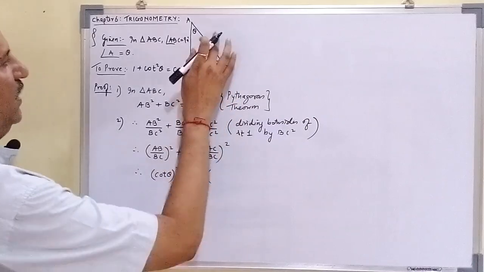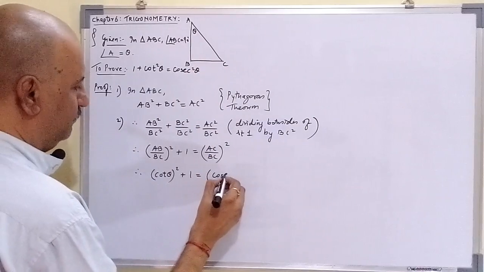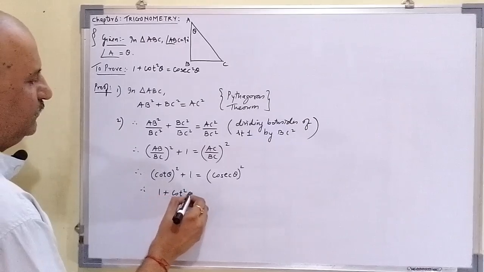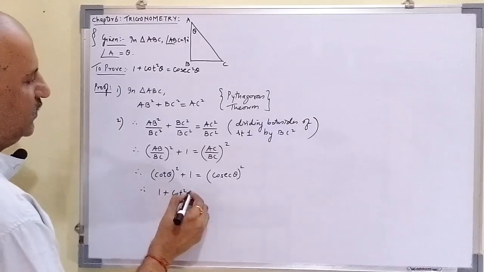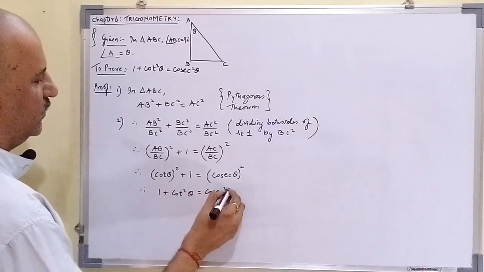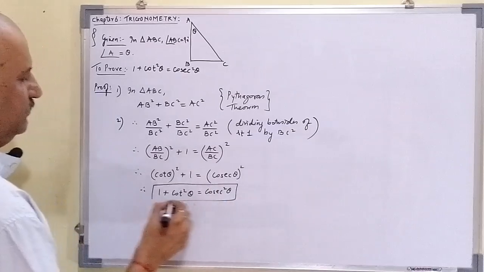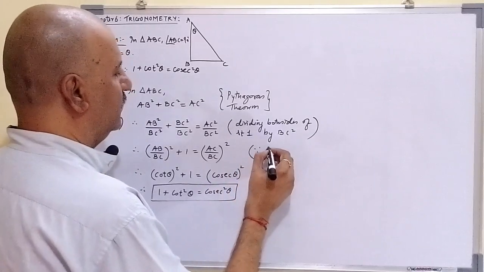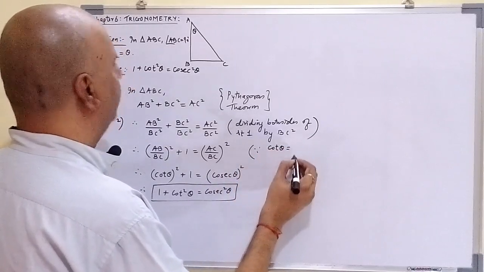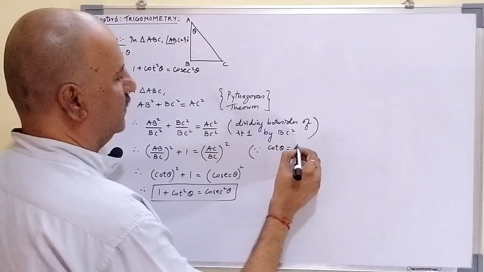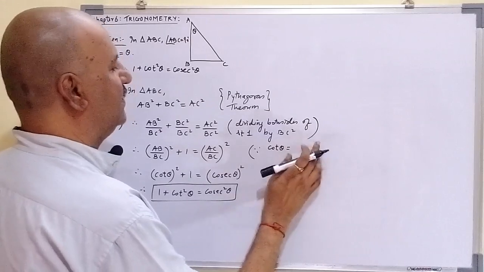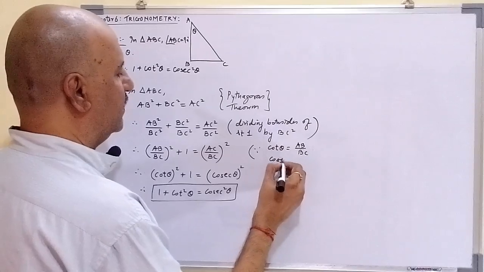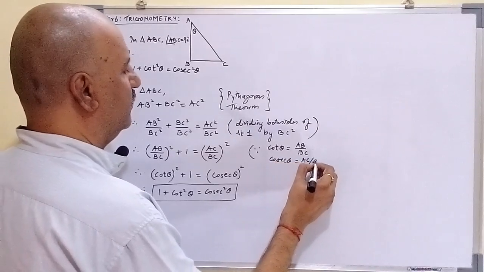Hypotenuse upon opposite, cosec theta. इसको अरेंज करो. 1 plus cot square theta equal to cosec square theta. Since cot theta is adjacent upon opposite, AB upon BC, and cosec theta is AC upon BC.